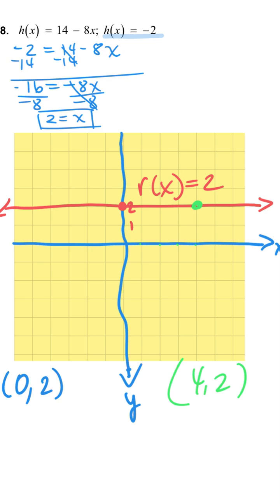If we plug in r of x when x equals 4, is it 2 for our output? Yes, which is what? Right there. So that means that any number on that point, on that number line here, will be the function. Correct.